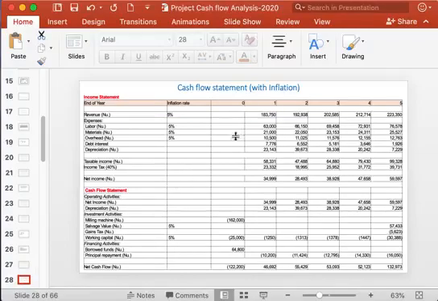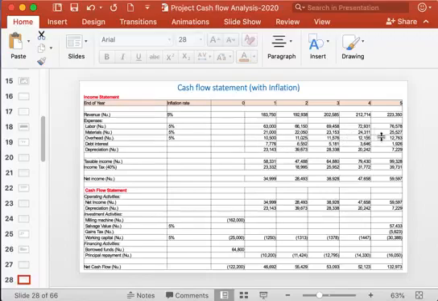So you can see here the revenue will increase by 5%. You can see the calculations done here. Every year revenue is increasing by 5%, and the direct labor cost is also increasing by 5%. Direct material is also increasing by 5%.